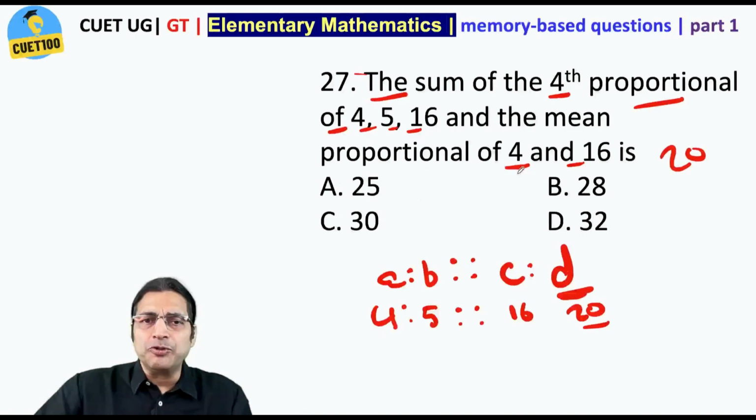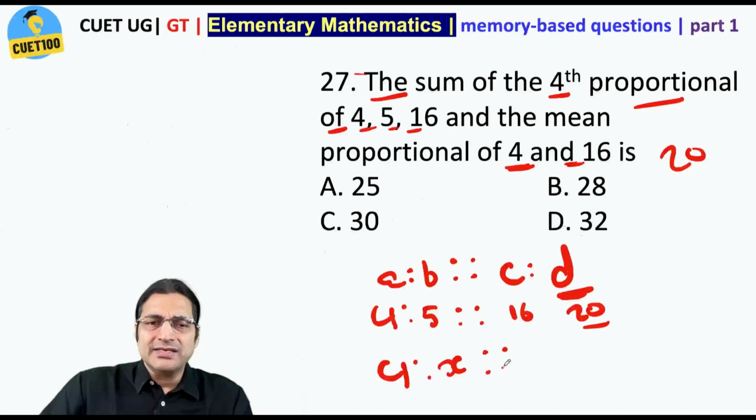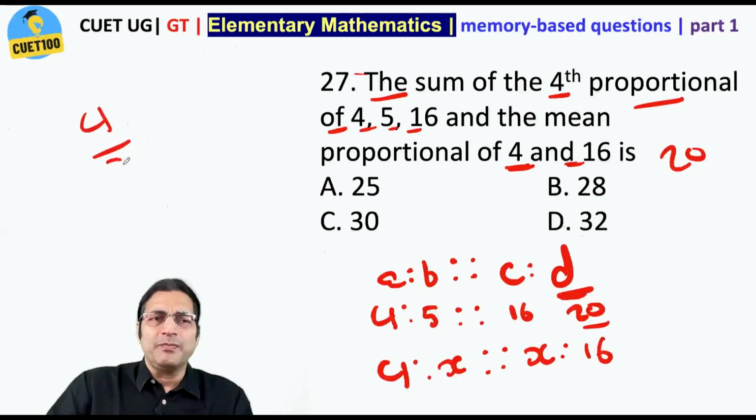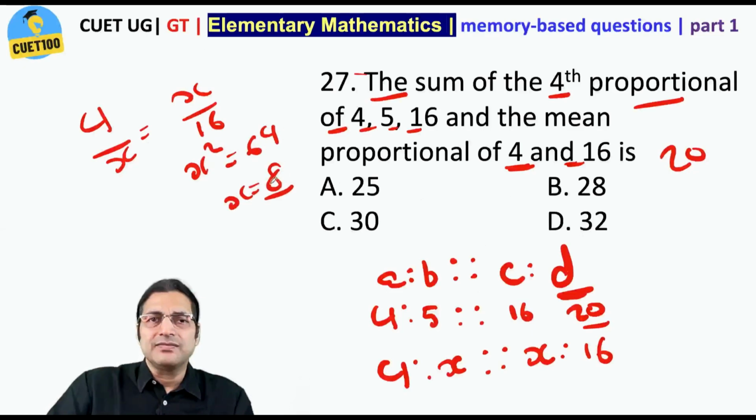And the mean proportional of 4 and 16, that is 4 is to x is to 16. Alright, that is 4 by x is equal to x by 16, that is x square equal to 64 and x is 8. This is for the first and last time that we did it like this.